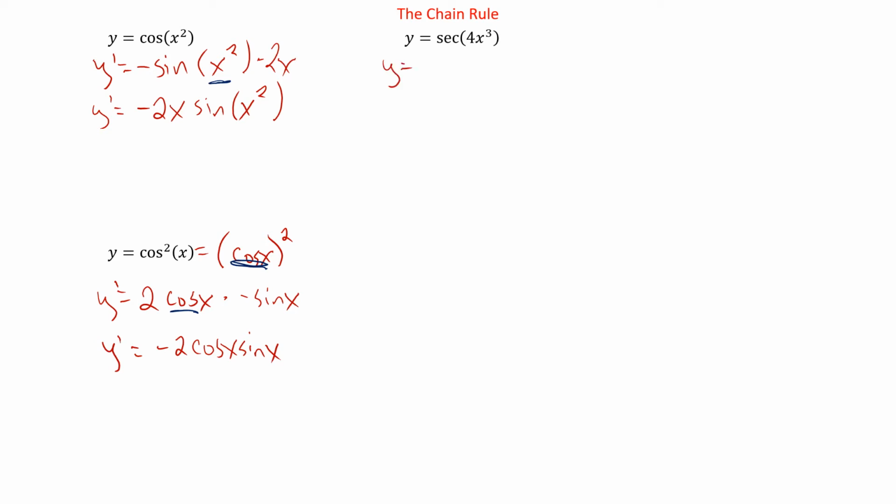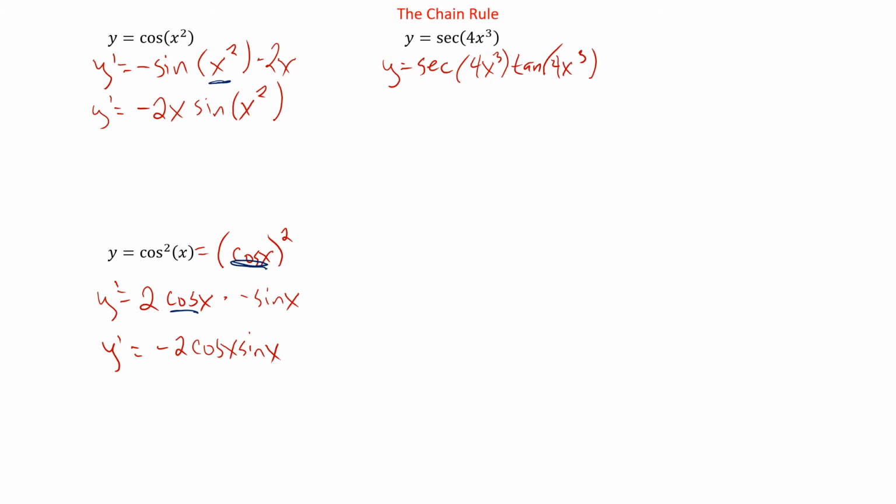So the outside function here is secant, because we have secant of something. What's the derivative of secant? The derivative of secant is secant of something tangent of something. That something is going to be the same. That does not change.